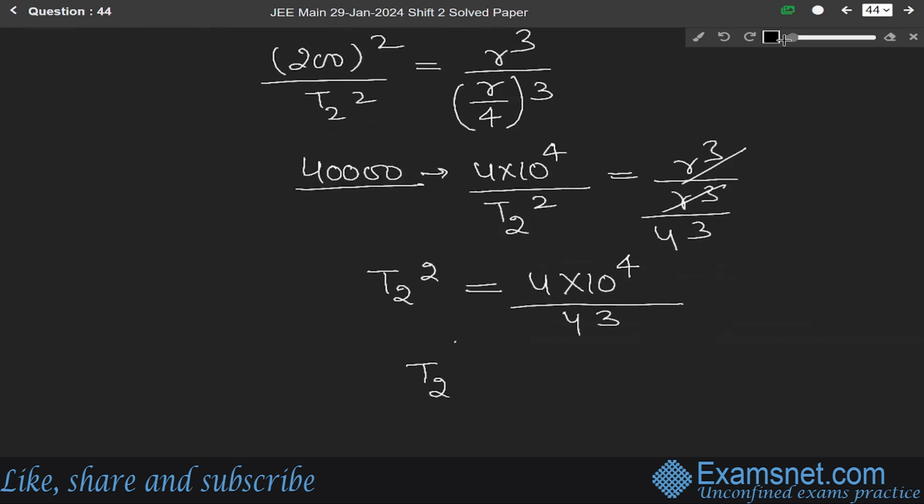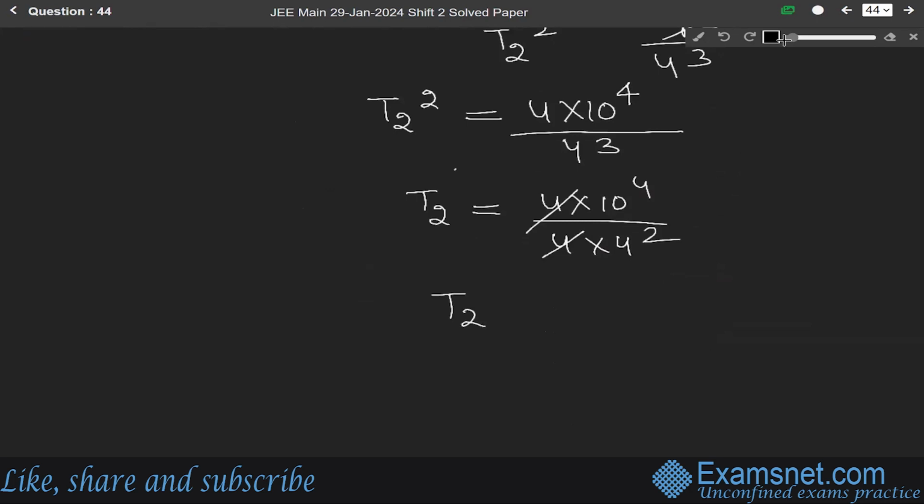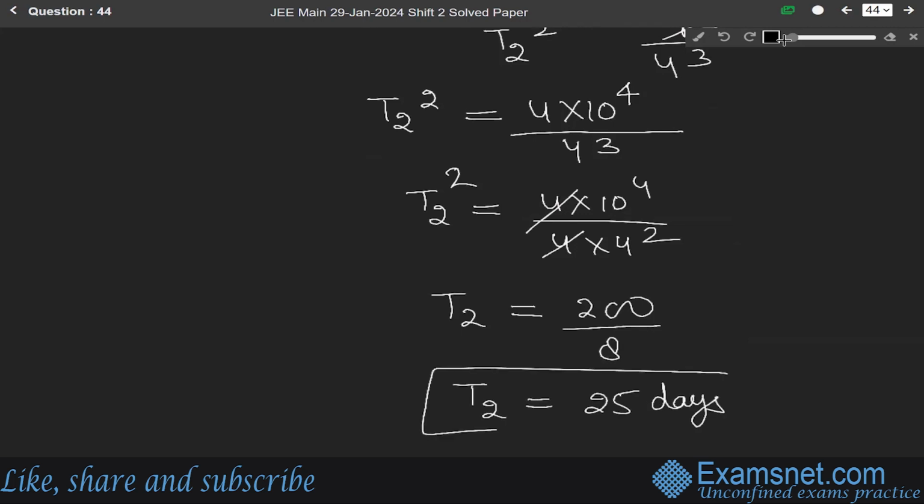Now we can write this as 4 into 10 to the power 4 over 4 into 4 square. 4 cancels out. Now T2 will be 200 over 8. So T2 will be 25 days. So our correct answer is 25 days.